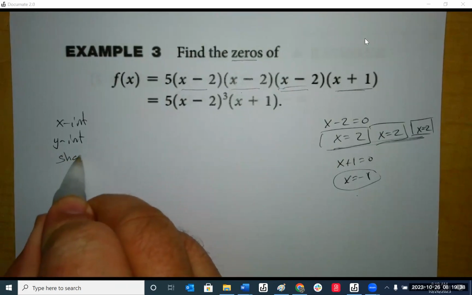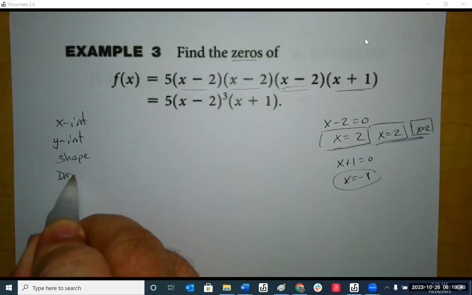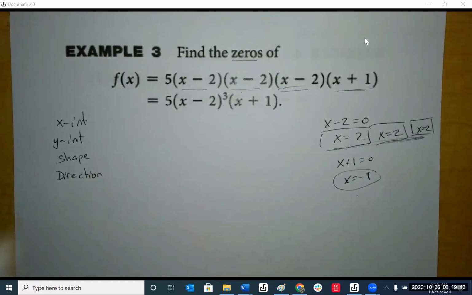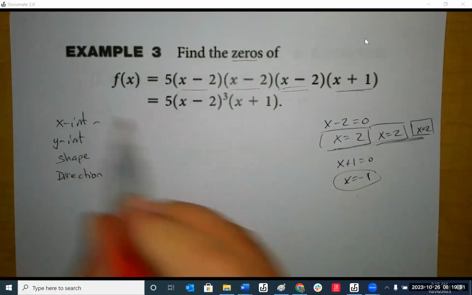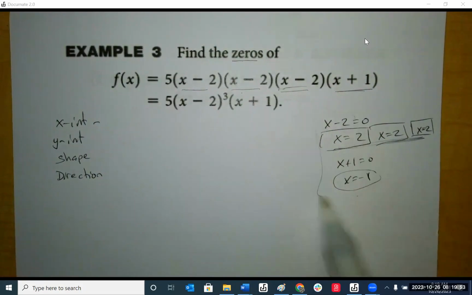The shape of the curve, the direction of the curve. All of that we can see right here in this equation. The x-intercepts are given to us here. Those are the factors. What's the y-intercept of this equation? How do you find the y-intercept from chapter 1?